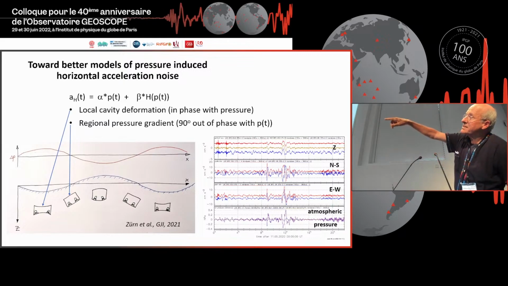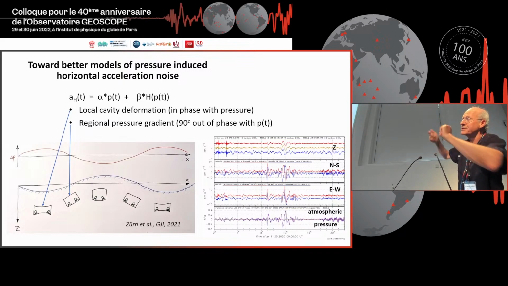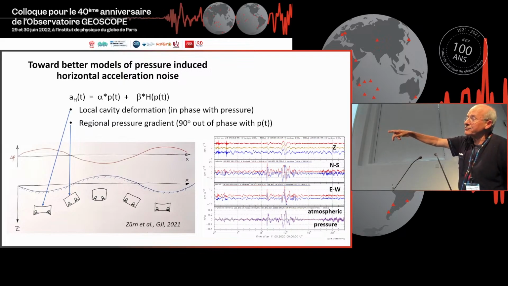It's just what you see in the north-south panel on the right: we have two seismometers in our seismometer vault, and the signals are almost perfectly flipped, simply because they stand on opposite sides of a vault. At the bottom trace we have a pressure wave propagating over the Black Forest Observatory.